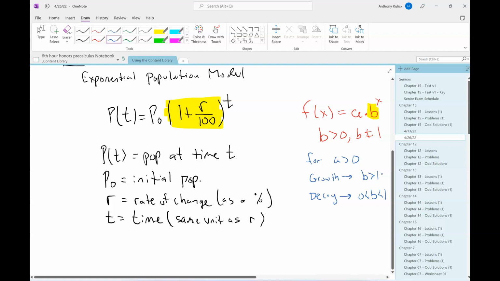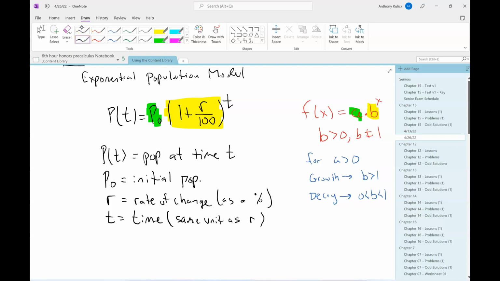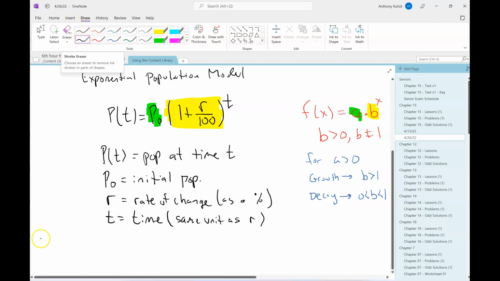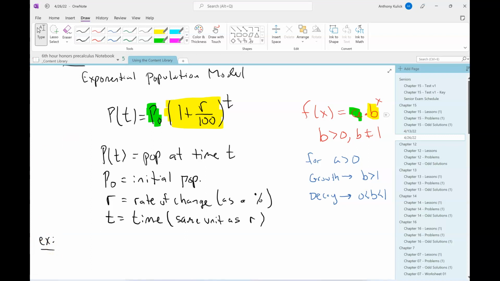That's assuming the a value is positive, which is the one we'd be talking about, because if population is our a, nobody's initial population is going to be a negative number. That doesn't make any bit of sense, right? So that's just a little bit of review, wrapped up in this new definition.